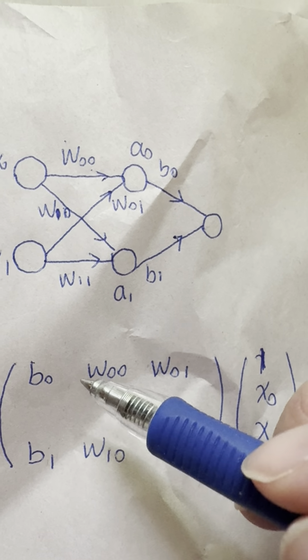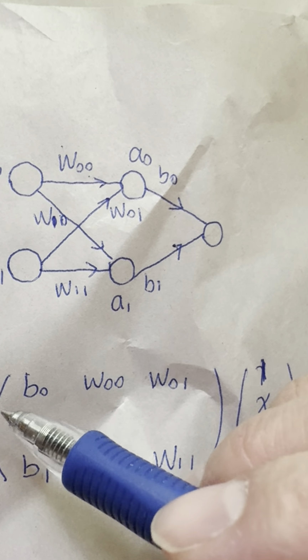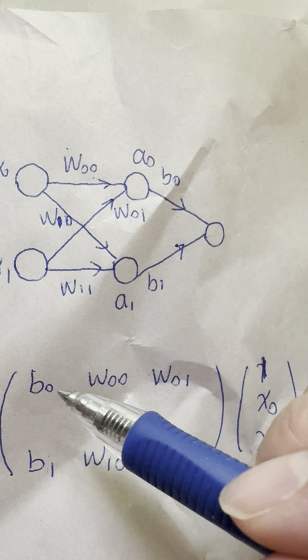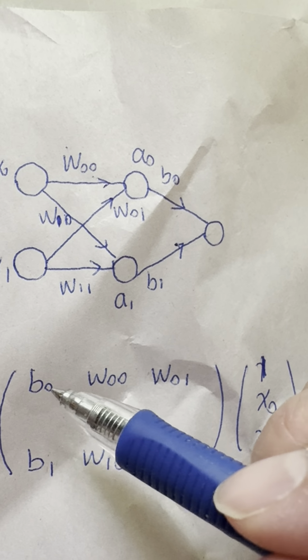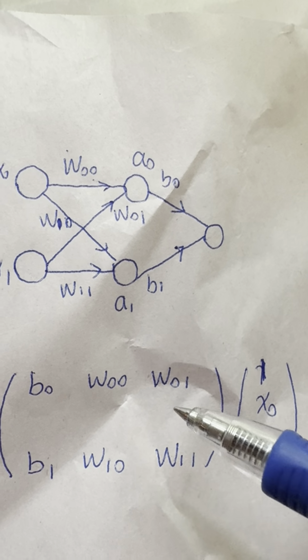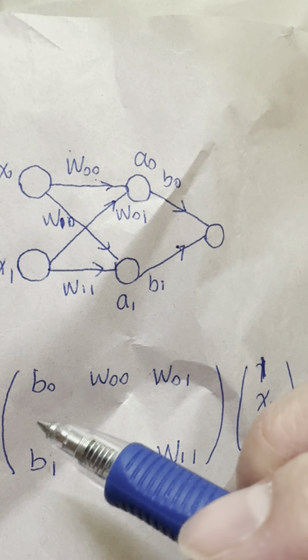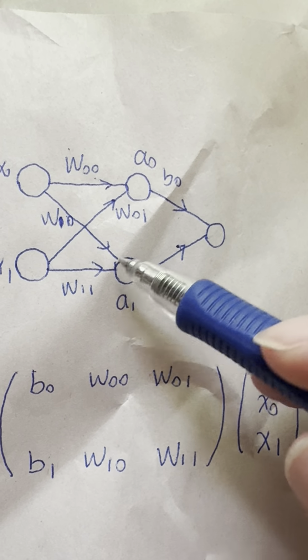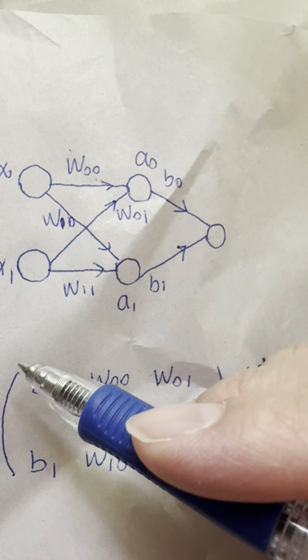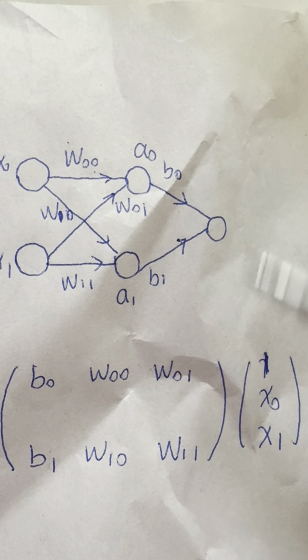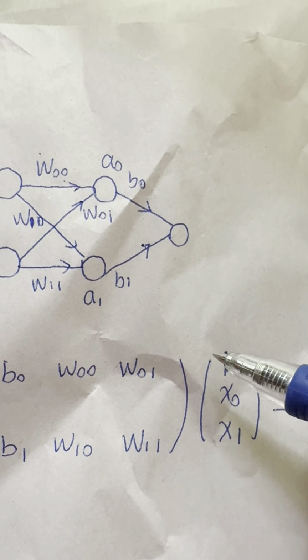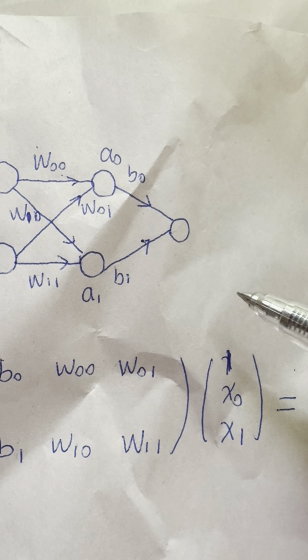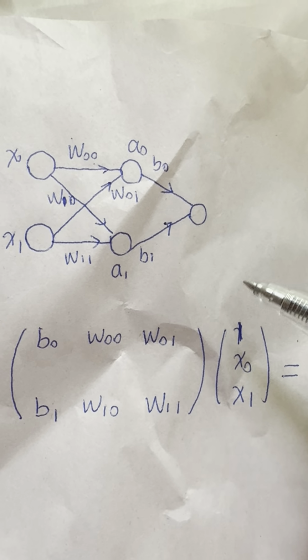Then all the nodes going to zero of the hidden layer are B0, W00, W01, and the second node is B1, W10, W11. So we write it as a matrix and then multiply by a vertical vector.